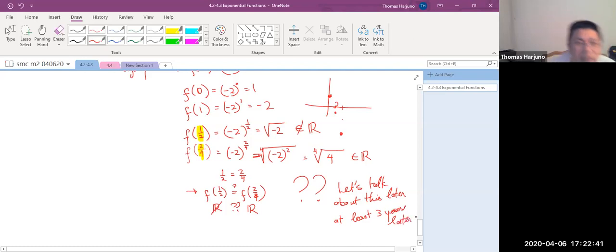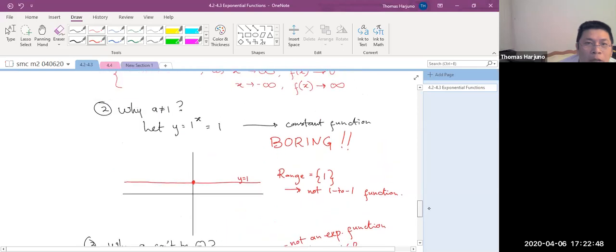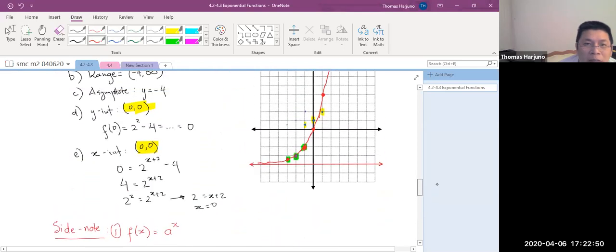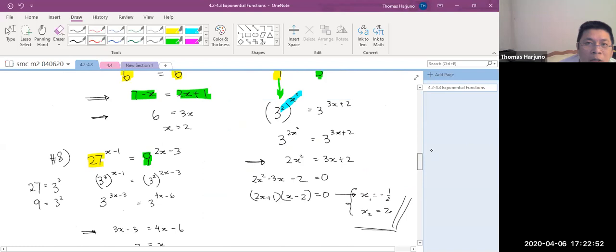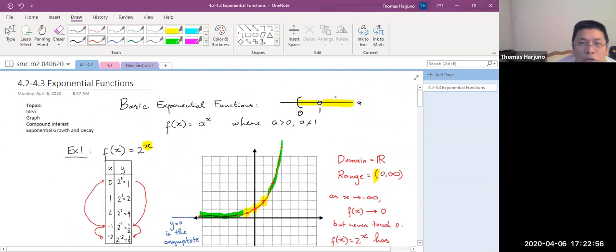Okay, you may see this somewhere in the future. I hope this gives you the argument why we insist that the base has to be positive and cannot be 1.